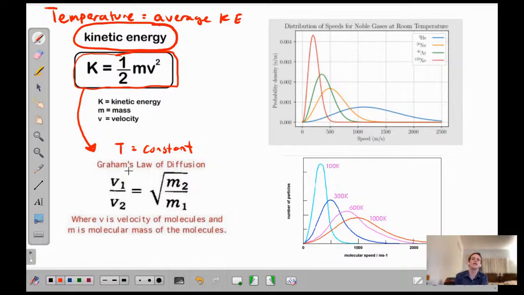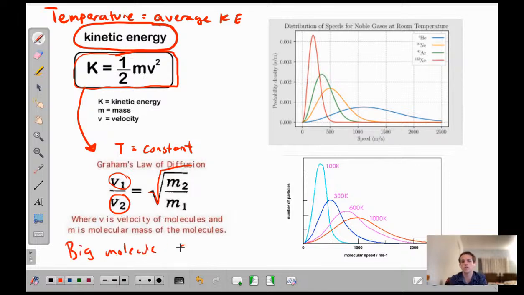And you're like, what the heck does that mean? Essentially it's saying that the rate of diffusion, so how fast a gas diffuses, which is based on the speed of the particles, the speed of one gas compared to another gas is equal to the square root of the molar mass of the second one over the molar mass of the first one.